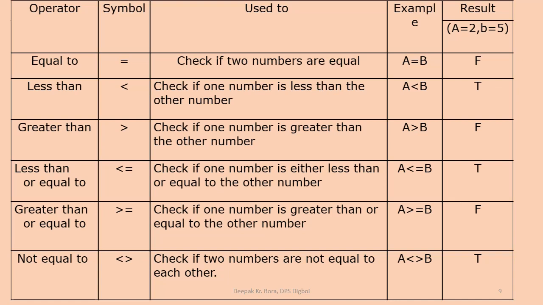Less than or equal to, the output is true. Greater than or equal to, the output is false. And this symbol, not equal to, the new one, remember it is both the less than and greater than sign. First less than, then greater than sign. It checks if the two numbers are not equal to each other, that is A not equal to B. This is true.